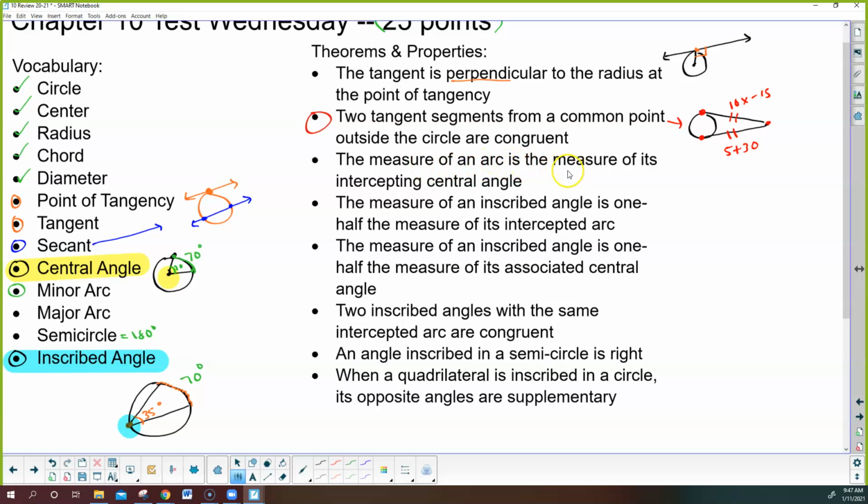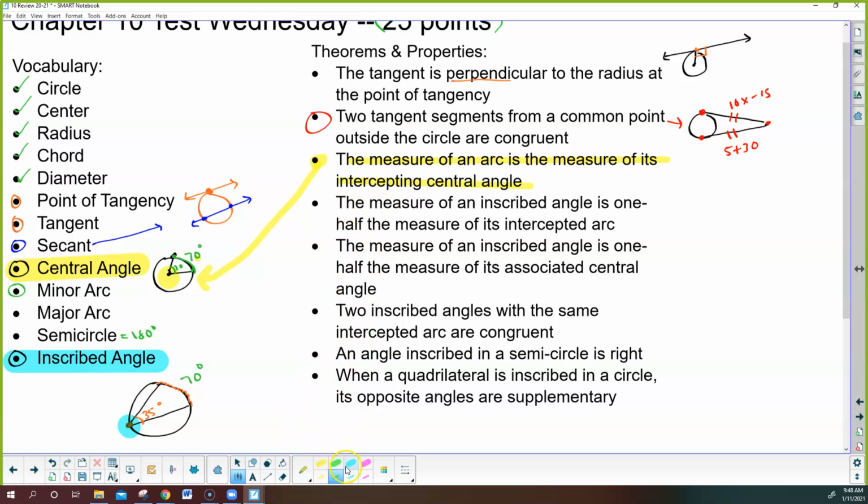The measure of the arc is the measure of its intercepted central angle. I'm going to use the highlighter to match because we showed that right here. The central angle is the exact same thing as its arc. So that's the picture that would go along with this.